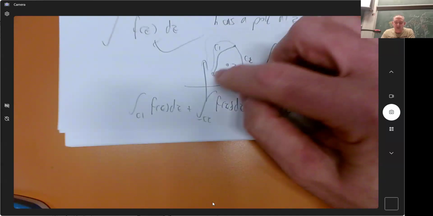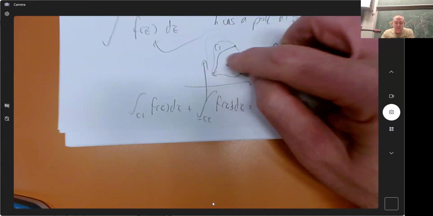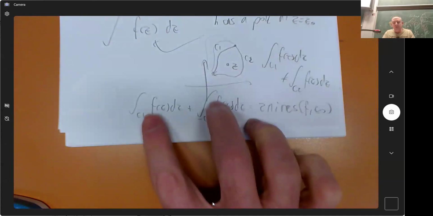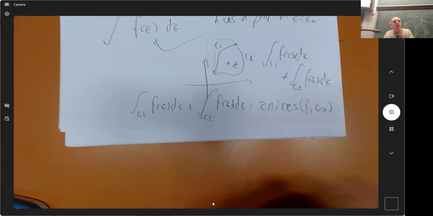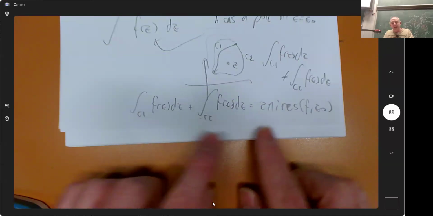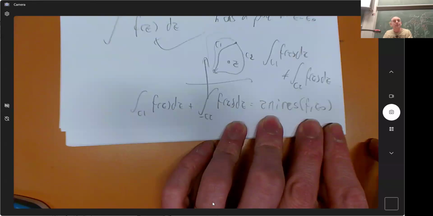So it could come here, go around, come round there and do that. The two of them together, one of them one way and the other one backwards, are a curve that goes around z naught, and so together they will be 2 pi i times the residue.